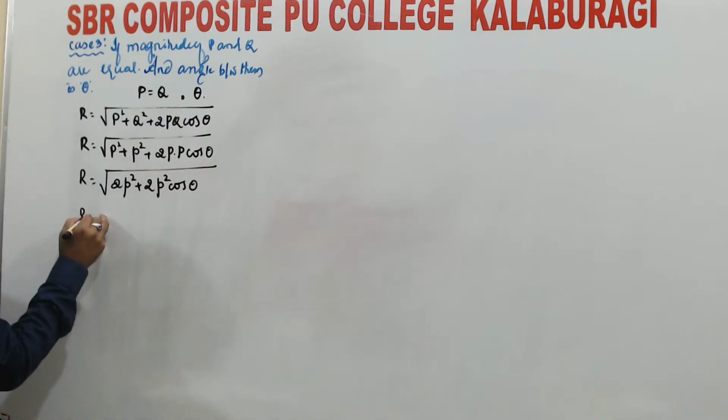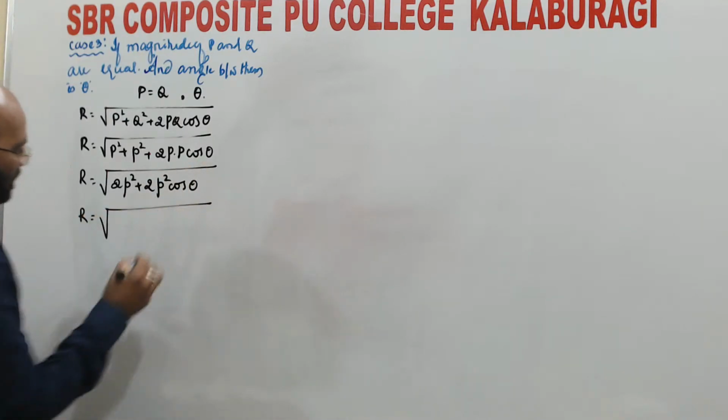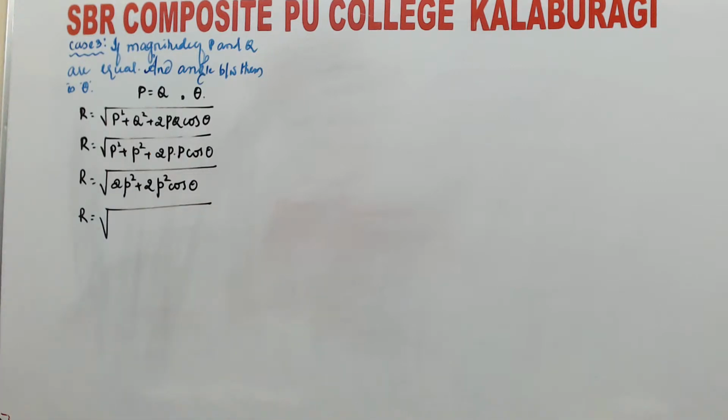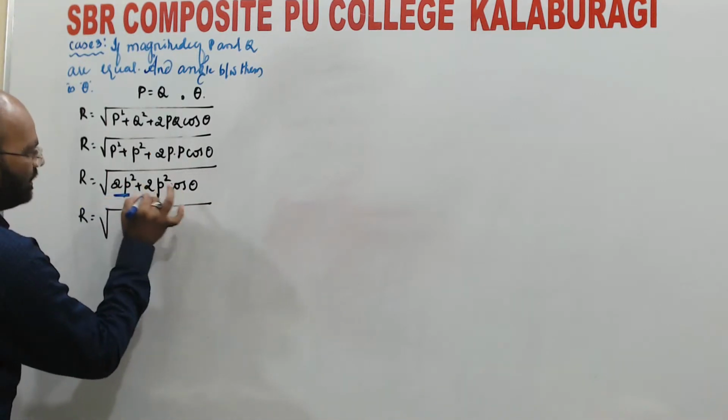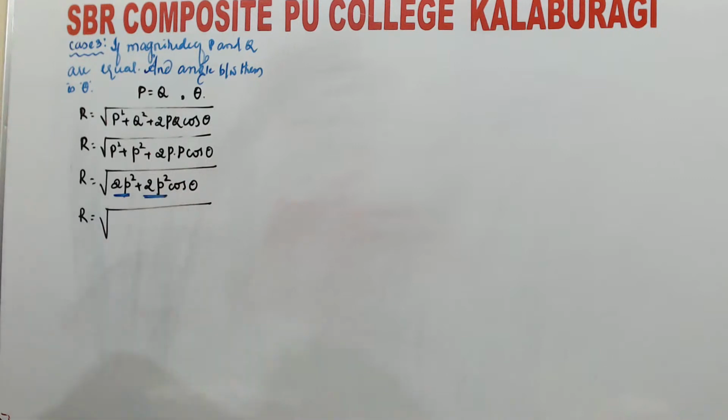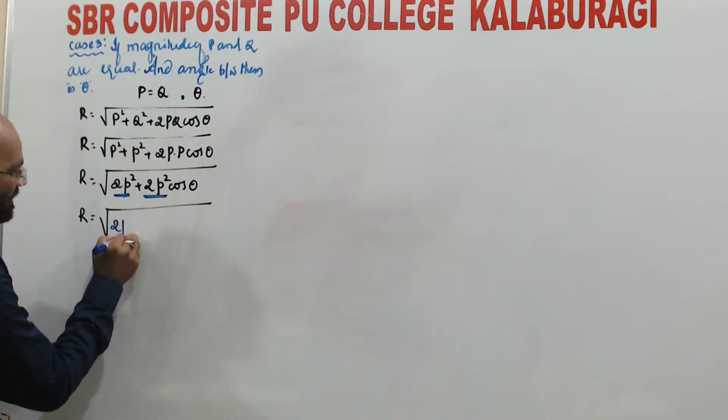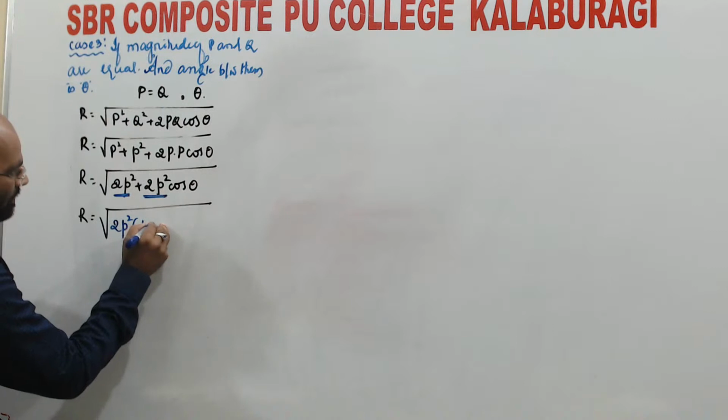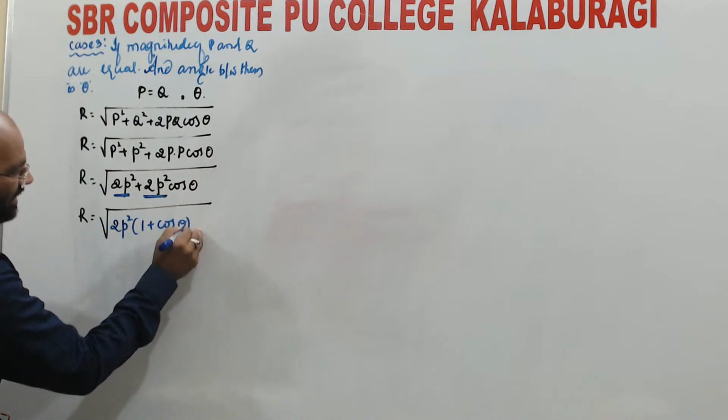Then resultant R is equal to the square root of, here we have 2P square as a common. 2P square as a common, 1 plus cos theta.